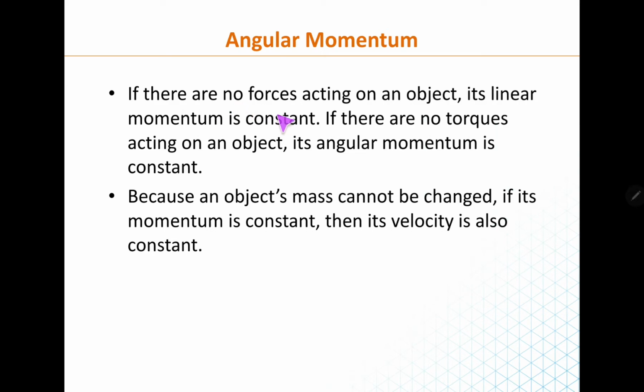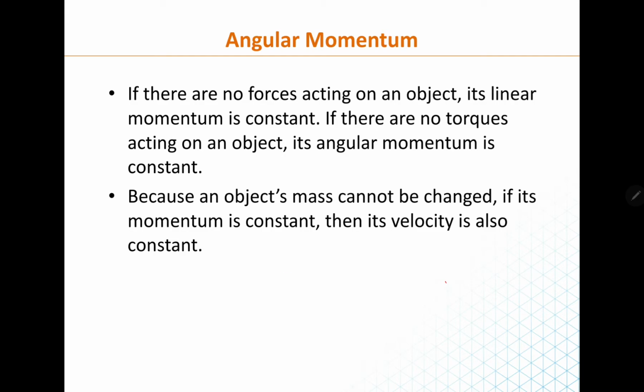If there are no forces acting on an object, its linear momentum is constant. If there are no torques acting on an object, its angular momentum is constant also. Because an object's mass cannot be changed, if its momentum is constant, then its velocity is also constant. What does that mean?